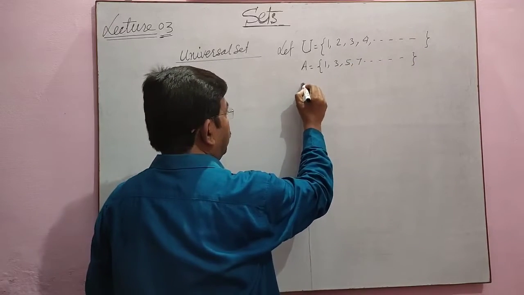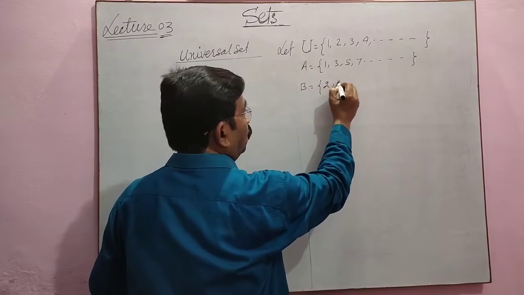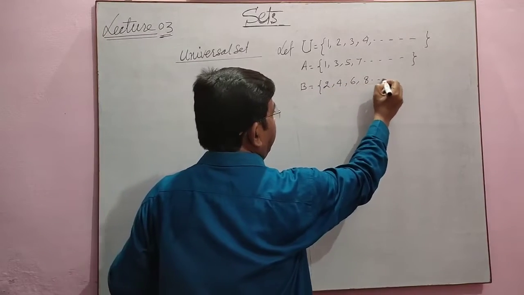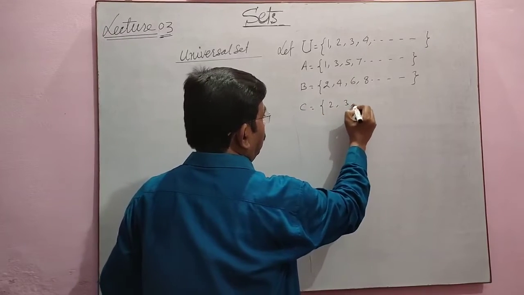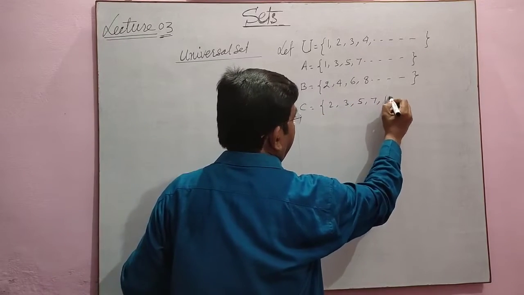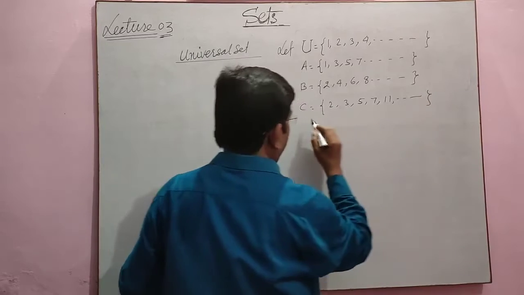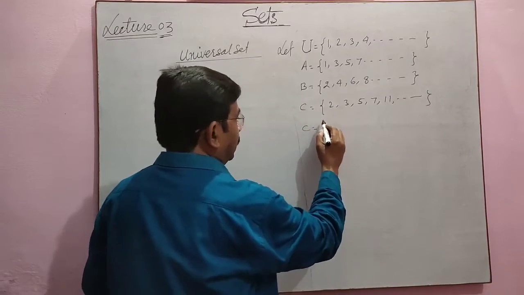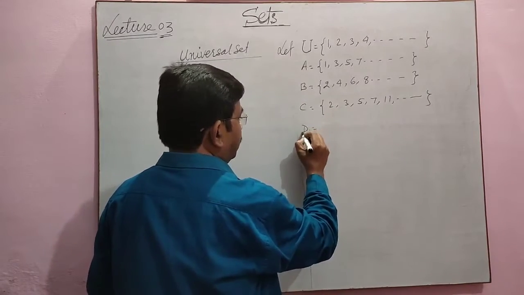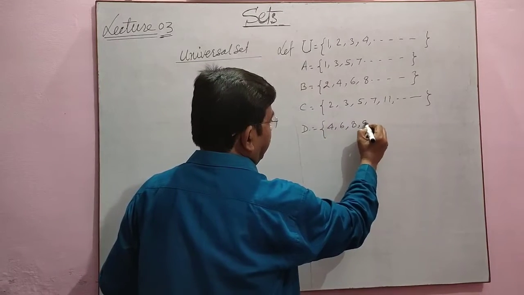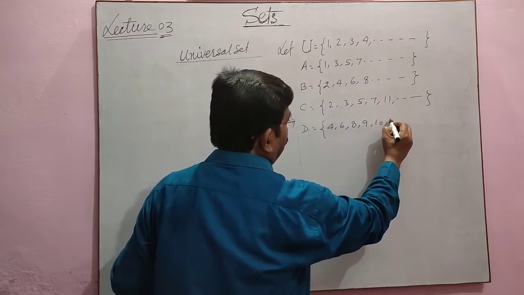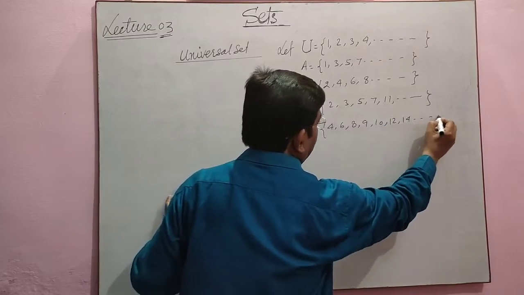We have a set B: 2, 4, 6, 8 and so on. We have a set C: 2, 3, 5, 7, 11 and so on. We have a set D, suppose having 4, 6, 8, 9, 10, 12, 14 and so on.